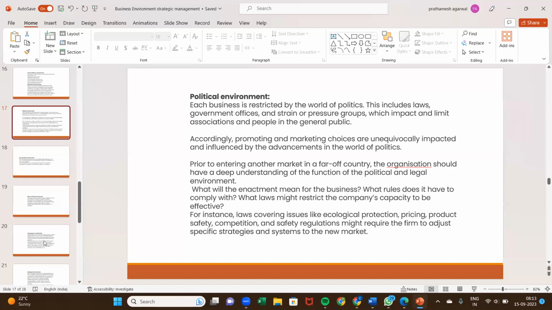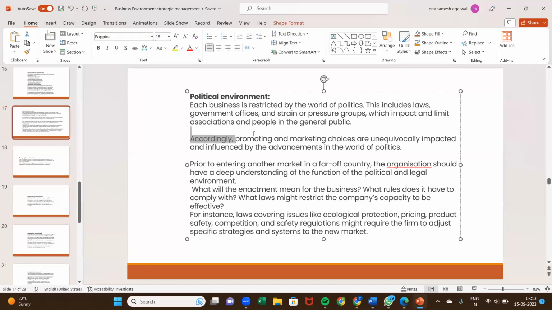Accordingly, promoting and marketing choices are unequivocally impacted. Unequivocally means they are heavily influenced by advancements in the world of politics, prior to entering another market.